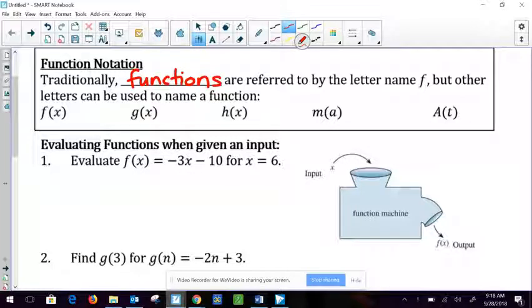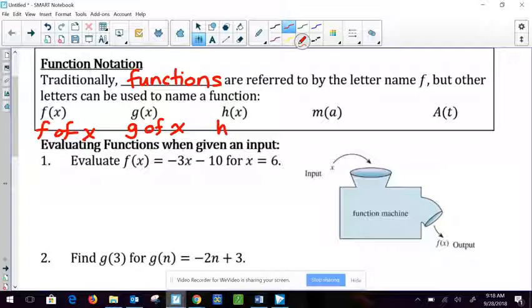However, if every single function had the letter f, we would never know how they're different. So that's why you see things like an f with parentheses and an x, a g with an x in parentheses, and so on. The way we say this, if we're looking at f(x), we call that f of x. g(x) is g of x.